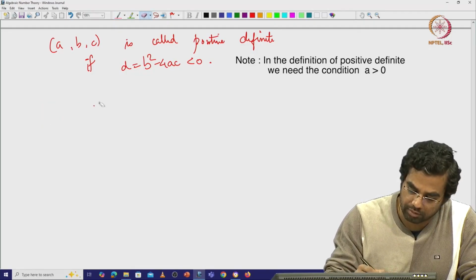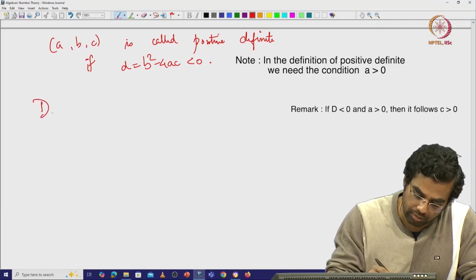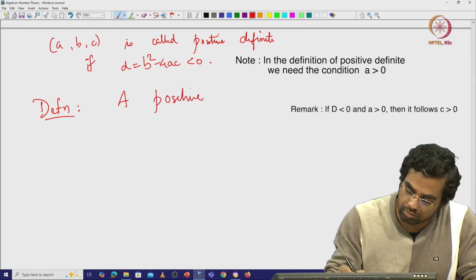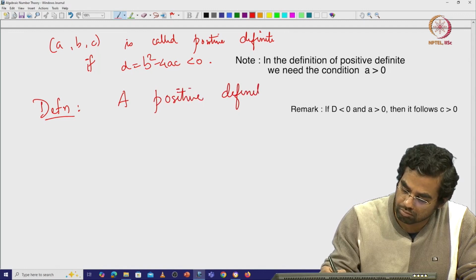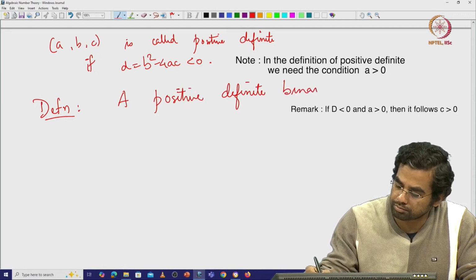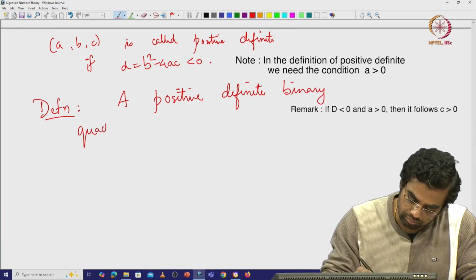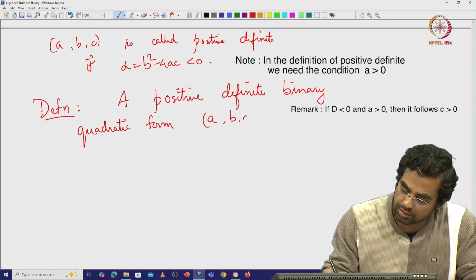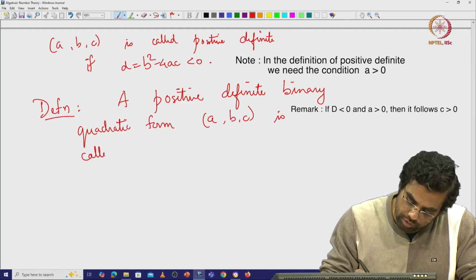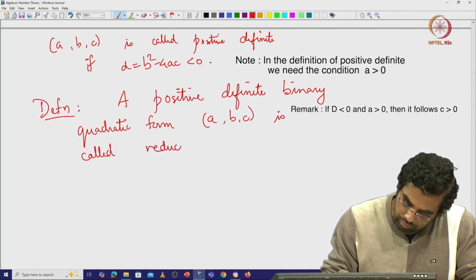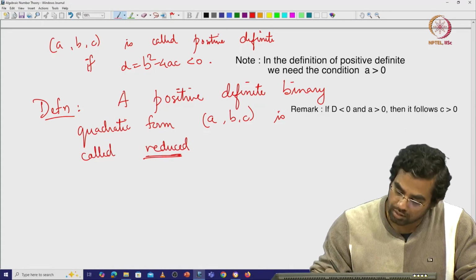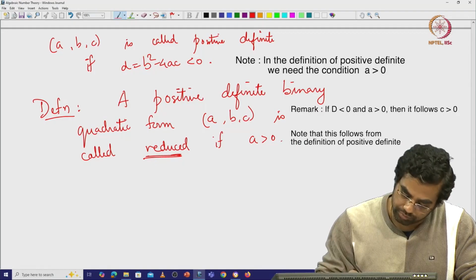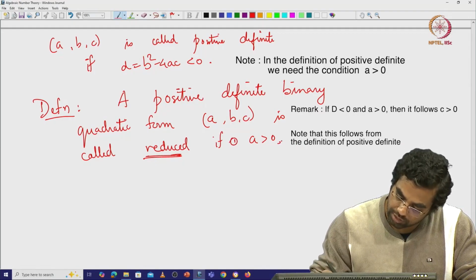Okay, before that let me give a definition. A positive definite binary quadratic form (A, B, C) is called reduced, so that is what I am defining, if one, A is bigger than 0, so that is one condition.